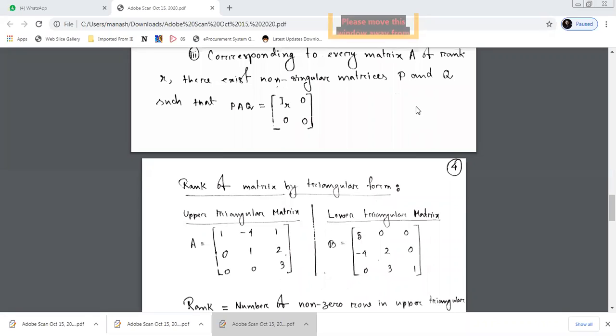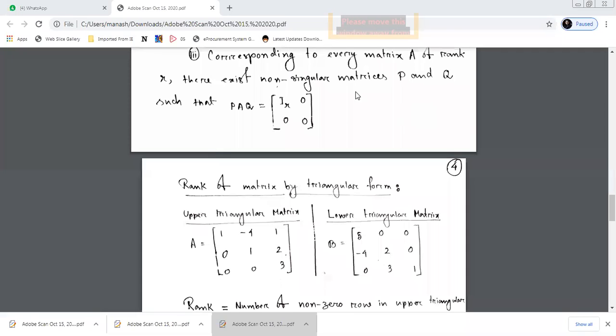So if the order of the matrix is 5 and the matrix is non-singular, then its rank is 5. We have to use this method, that means using minors or making the matrix triangular form, only in the case of a singular matrix, not in the case of a non-singular matrix.